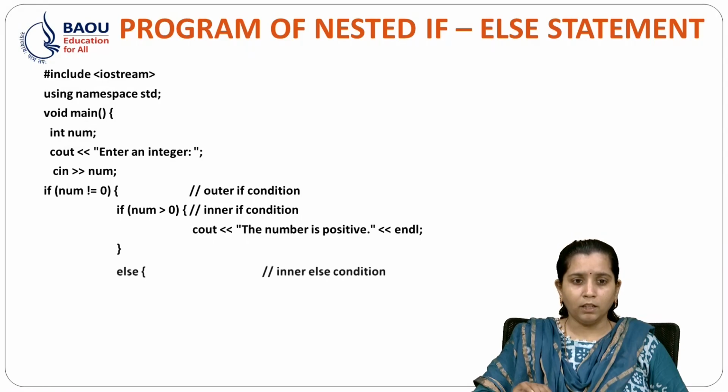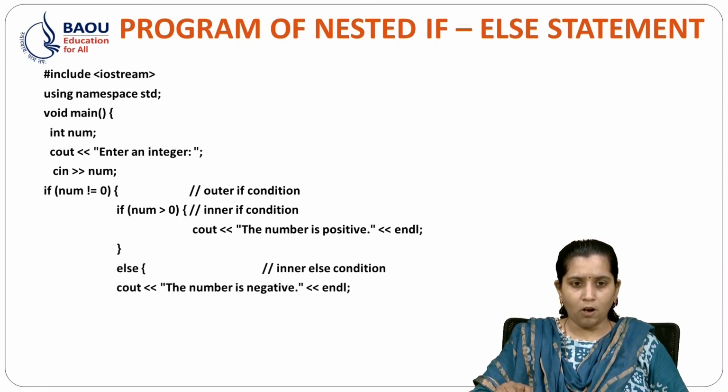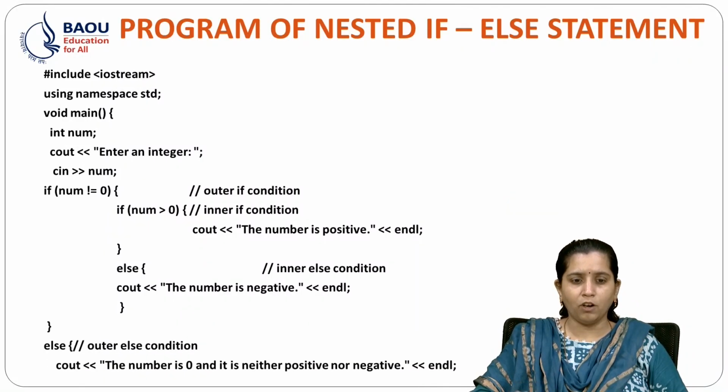If the number is not equal to 0, then it will go in this block, and if the number is greater than 0, the number is positive, else the number is negative. So this is the inner else condition. And what is the outer else condition? That the number is neither positive nor negative, because it is 0.